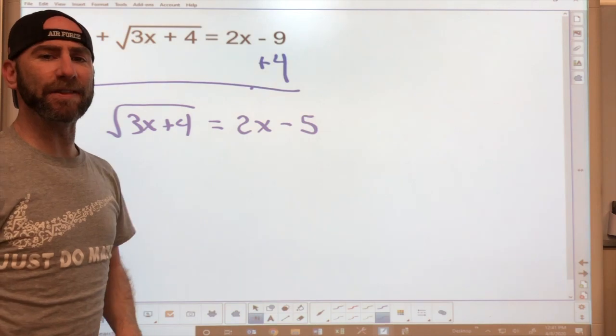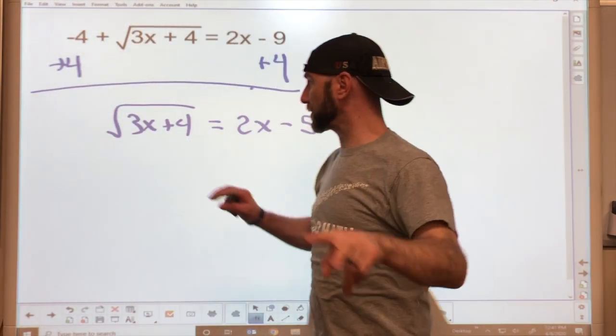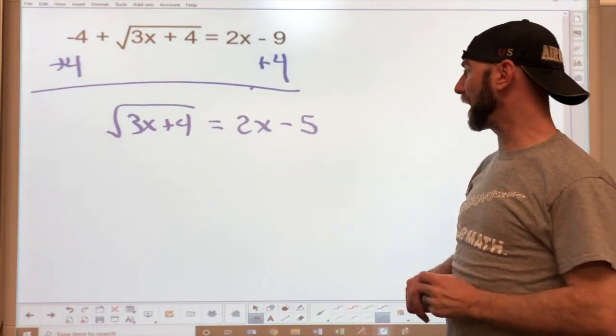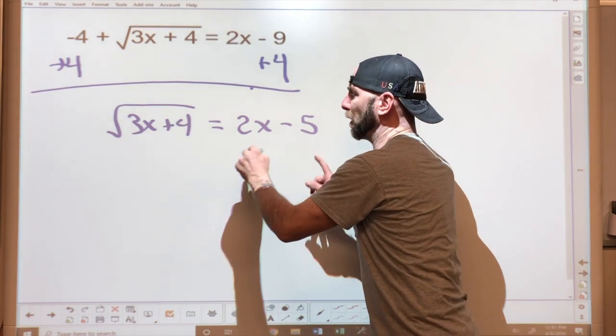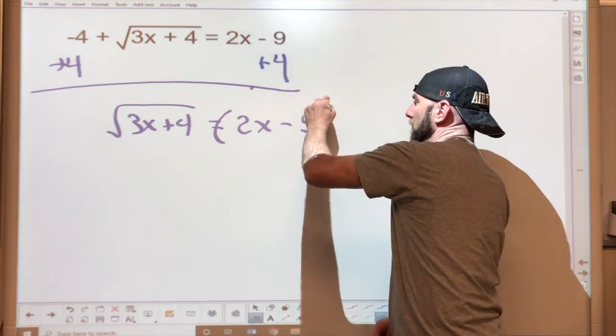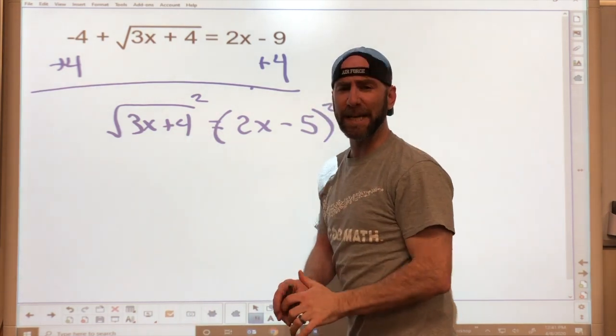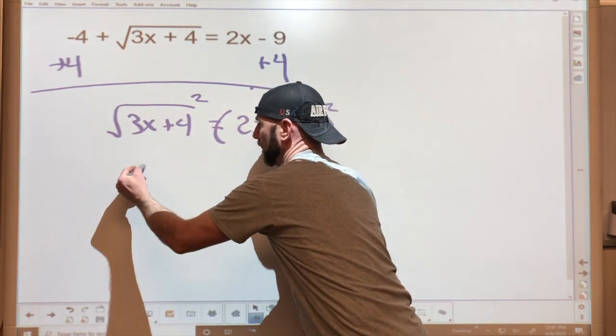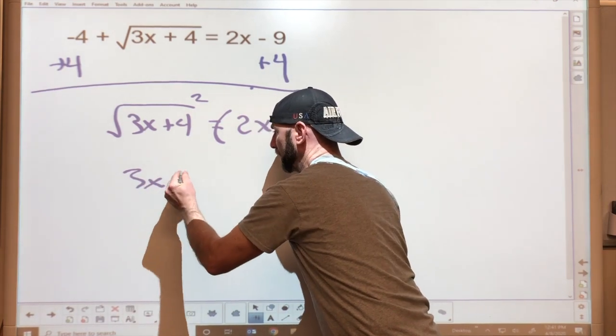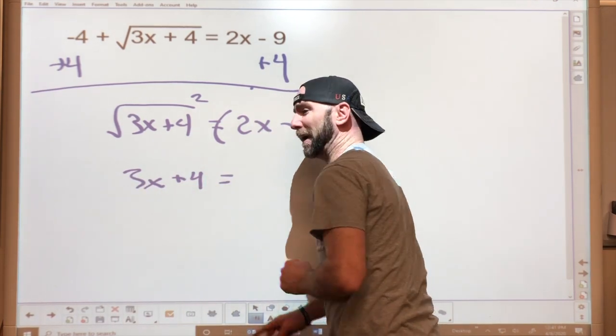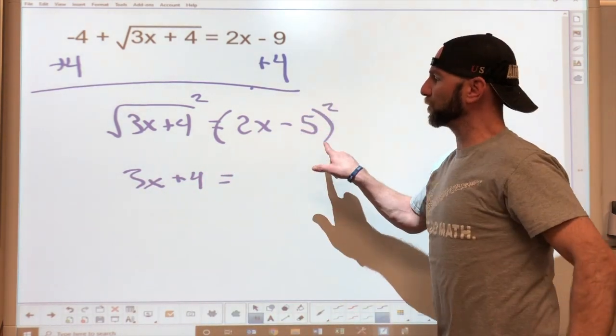And now that you have the radical isolated, you have to square both sides, but be careful because this is going to be a binomial over here that you're going to square. So squaring this side over there just eliminates the radical, and you're left with 3x plus 4. But you're going to have to FOIL this through.